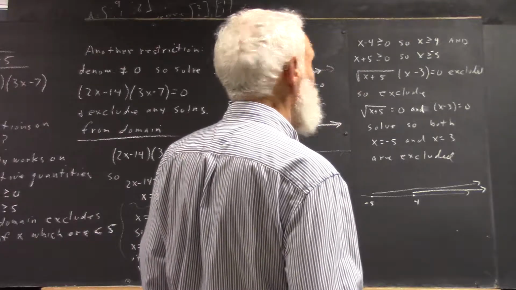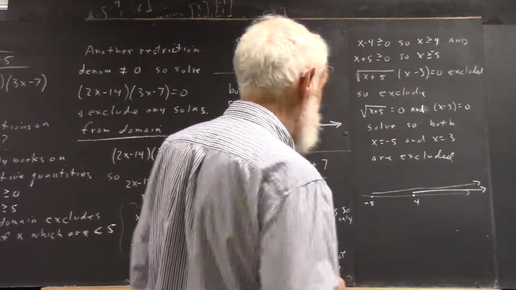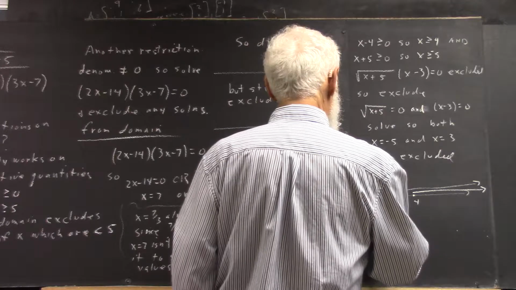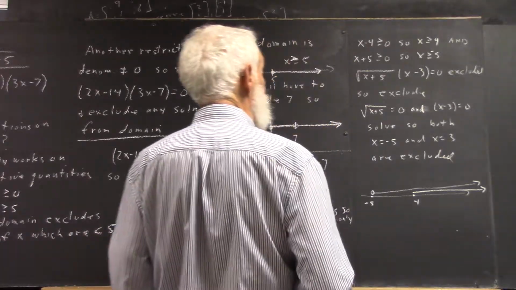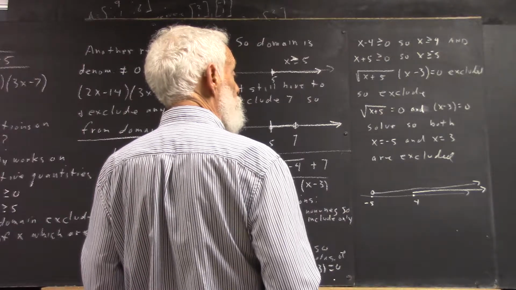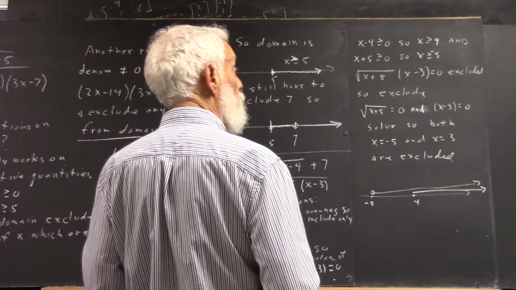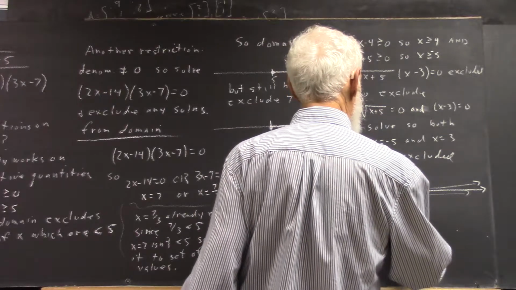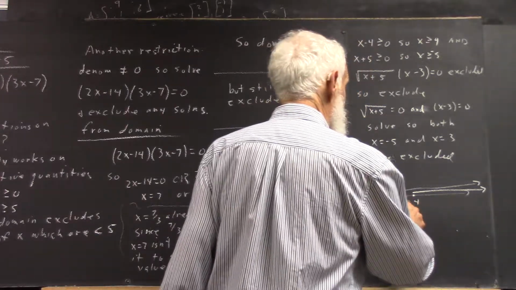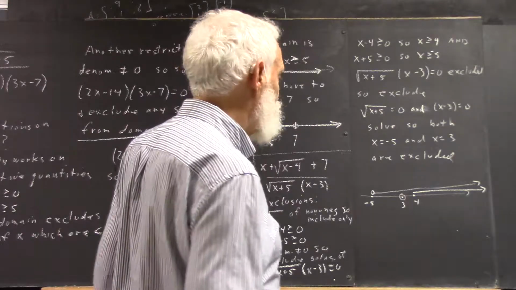And it can't be -5, so we got to put a big circle around the -5 because of that. And we got to put a big circle around x equals 3. So we've got this, okay? That's got to be all of these.